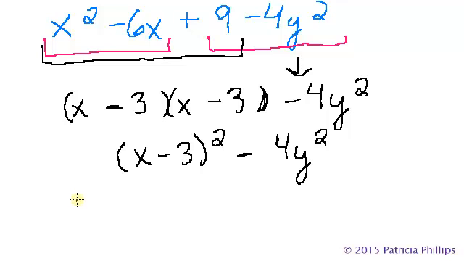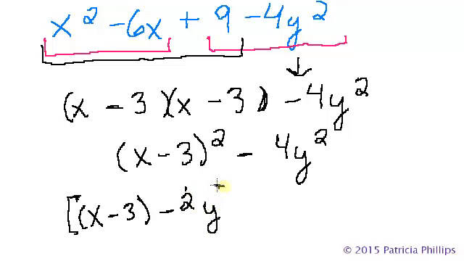So, for example, it would be x minus 3, and then here's the difference, minus, what's the root of 4? 2. The root of y squared is y. And we need the roots because we're going to multiply this times the other x minus 3.